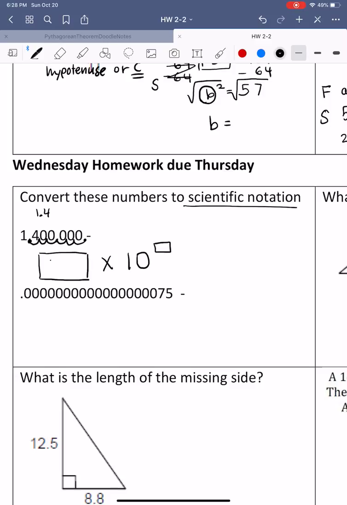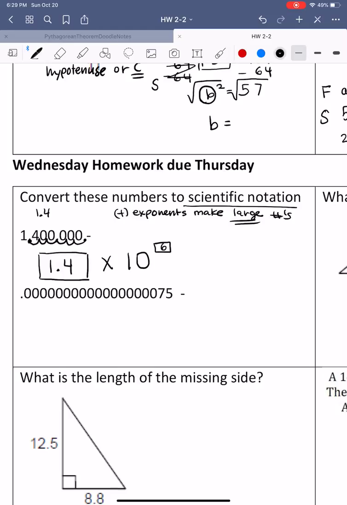So this is going to be 1.4 times 10 to the 6th, because positive exponents make large numbers.